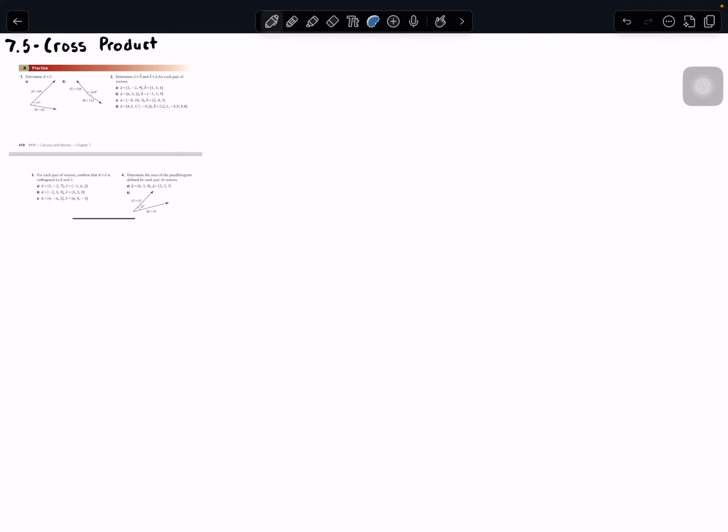So let's begin. Question 1. Determine U cross V. Okay, so we're given the vectors as geometric vectors. We're asked to determine U cross V. So let's do both. 1A, U cross V. The formula we can use for this is mod U, mod V, sine of the angle between them when they're tail to tail.